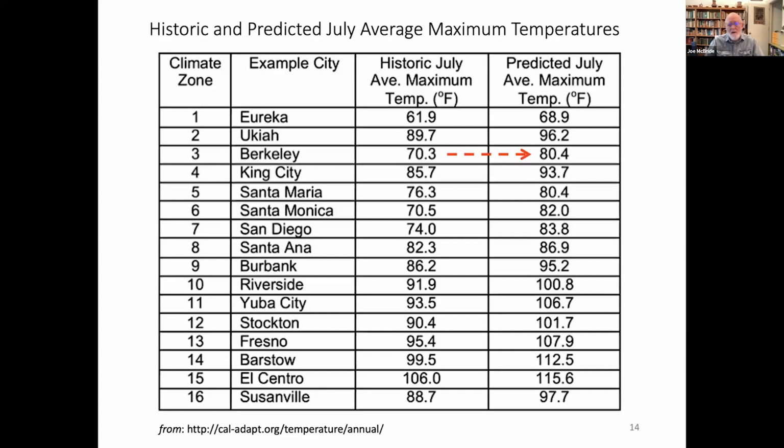And this shows that change. And then what we were doing with this data was trying to identify a comparison city, in this case for the city of Berkeley. Santa Ana currently has the same historic July average maximum temperature as is predicted for the city of Berkeley.